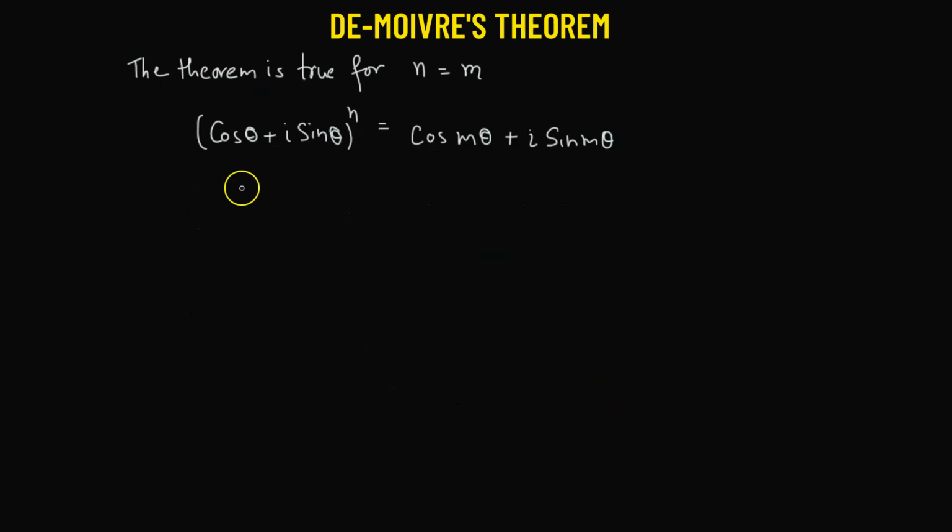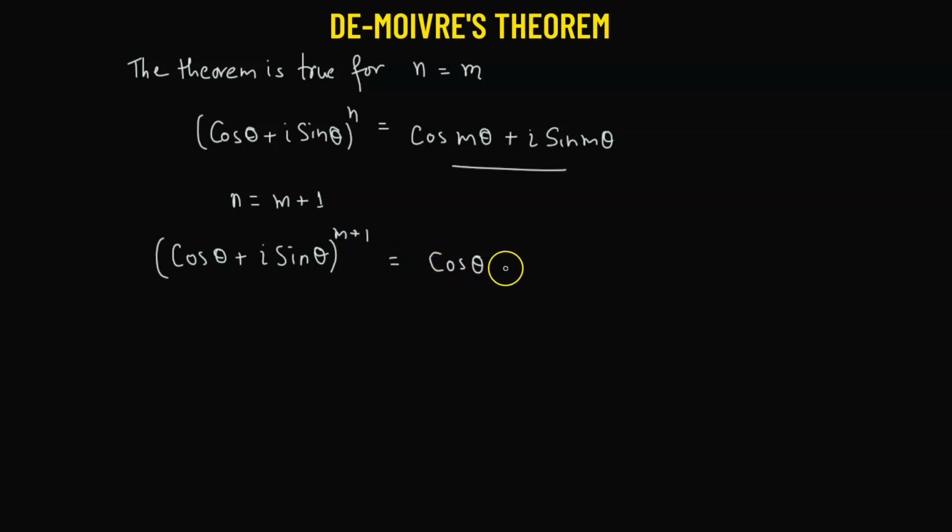Our next task will be to prove that the theorem is also true for n equals m + 1. So (cos θ + i sin θ) raised to the power of m + 1 can be rewritten as (cos θ + i sin θ) raised to the power of m, multiplied by (cos θ + i sin θ) raised to the power of 1.